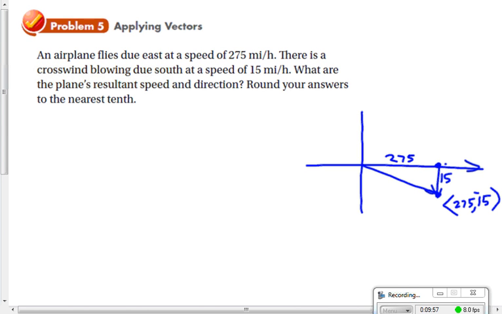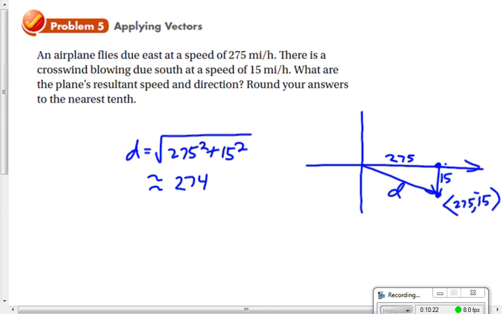So the first thing we're going to do is find the resultant speed, and that's going to be the distance, so how far it went in that first hour. So D is equal to, using Pythagorean theorem, square root of 275 squared plus 15 squared, which, calculating that out, we get about 274 miles in that hour of travel.